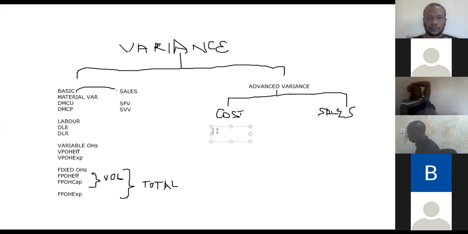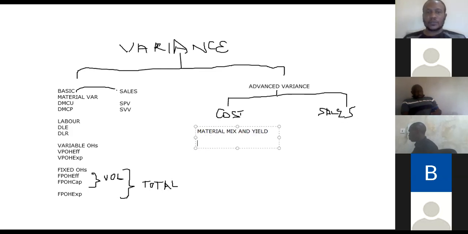So under cost, we have for material, and generally we would have, okay, let me leave that where it is. Then also put operational and planning.